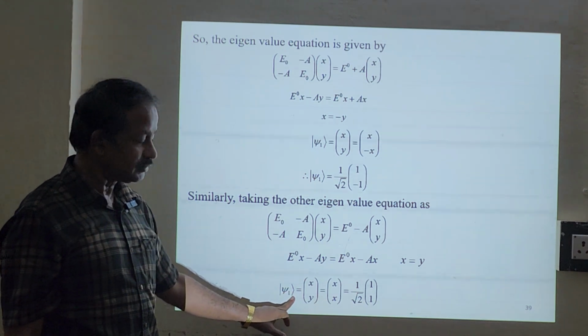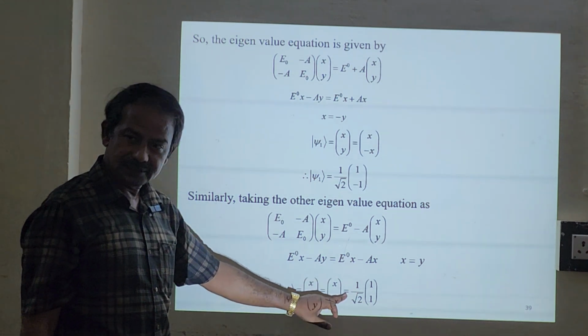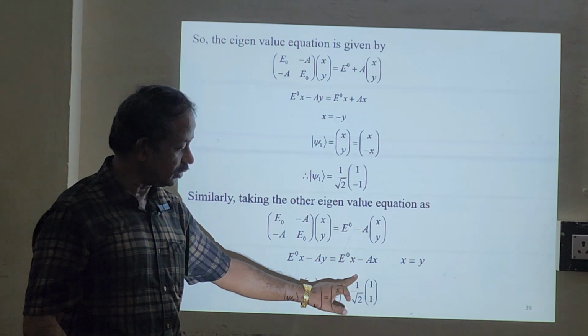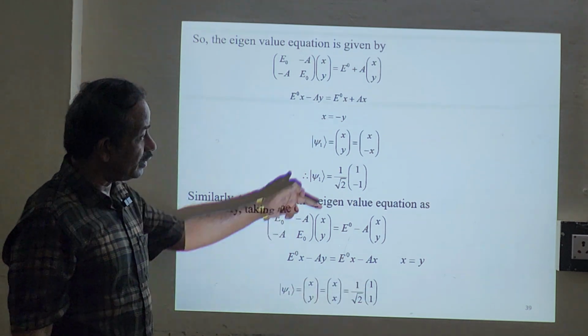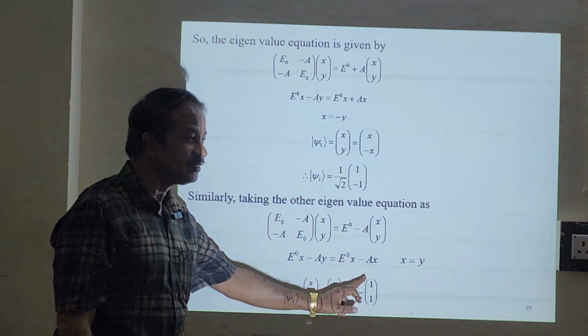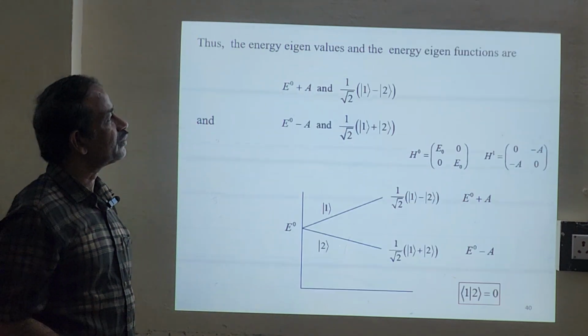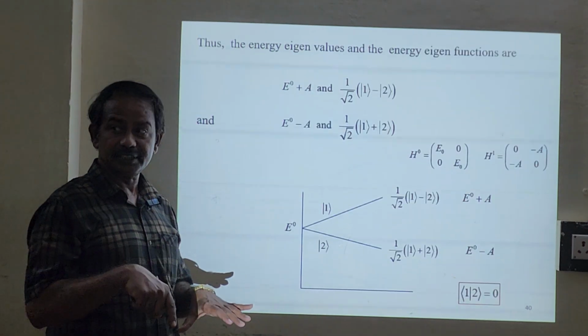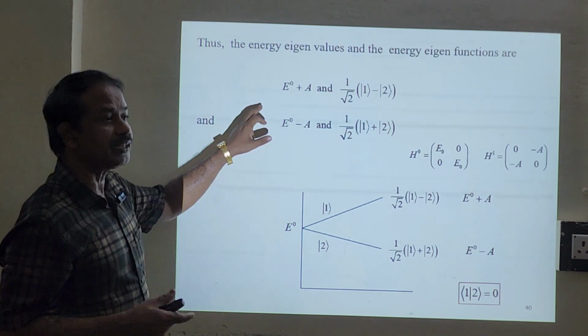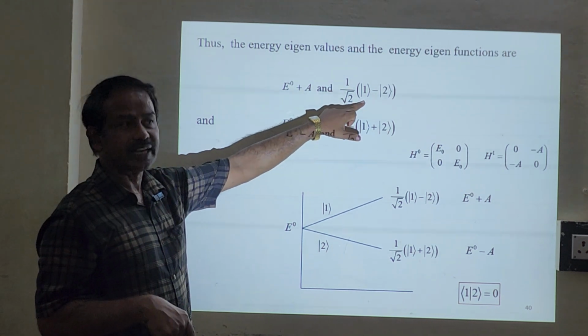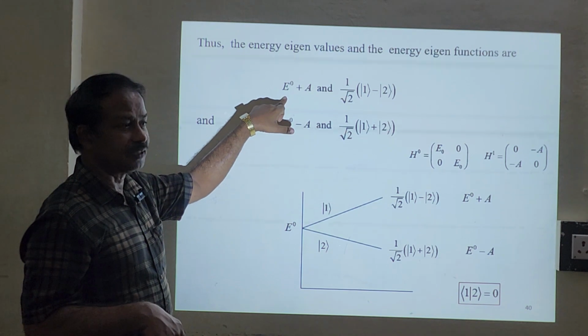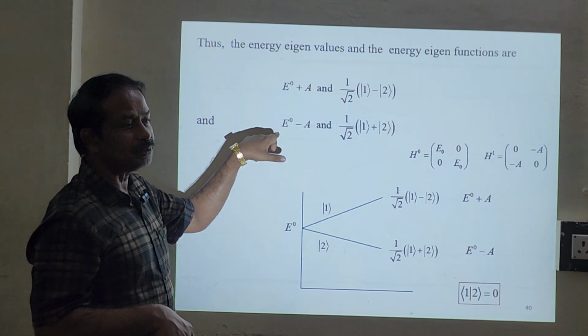So let psi equal xx. The eigenvector you find is 1 by root 2 times (1, 1). Here it is 1 minus 1, here it is 1 plus 1. So we have found the eigenfunctions for the separated eigenenergies. This is your eigenfunction and this will be your eigenvalue.